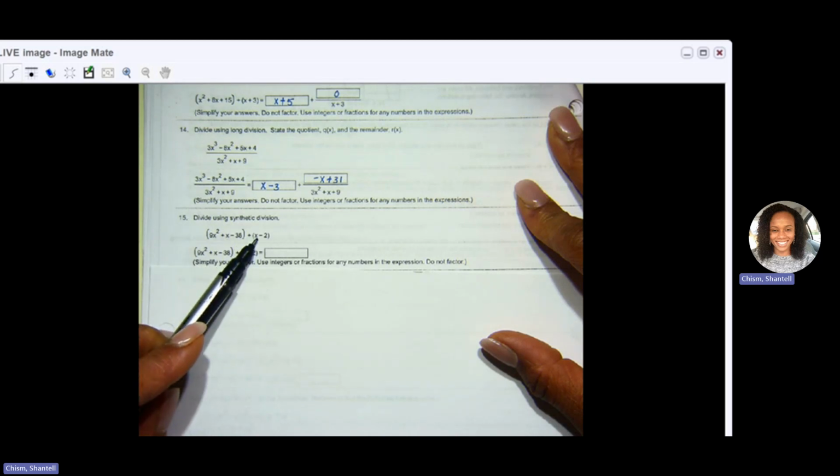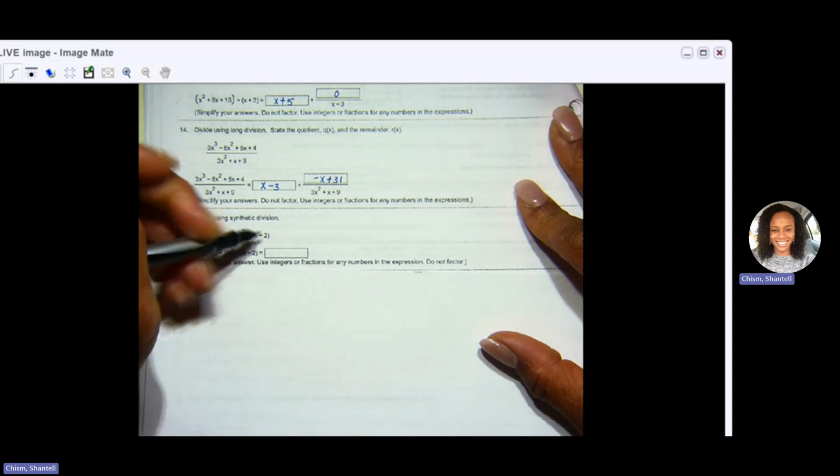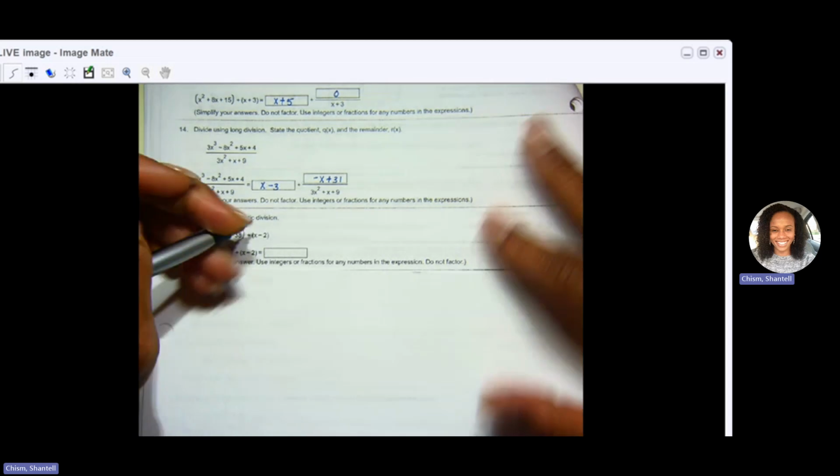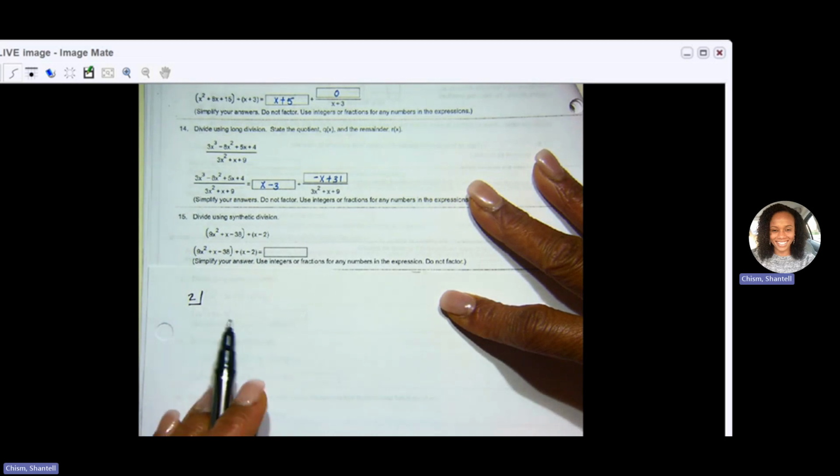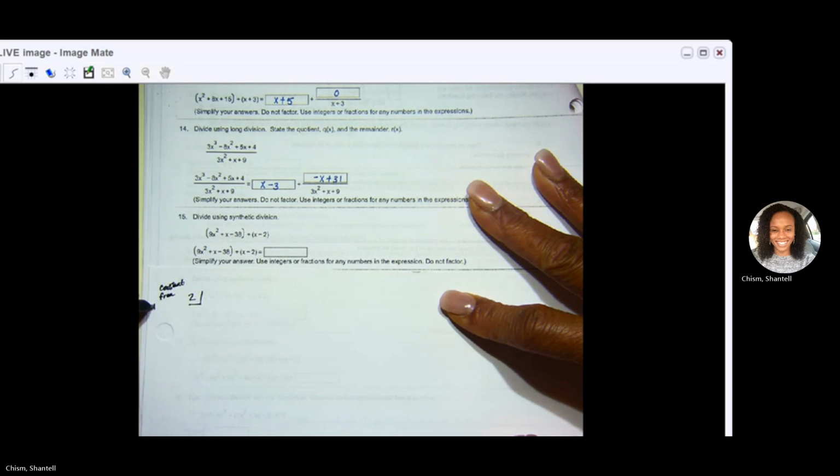And then I've got my divisor. It's of the form x minus c. So I take my constant and I take the opposite of what I see. I see a minus 2, so I take a positive 2. Okay? This is the constant from the divisor, just so that you're aware.